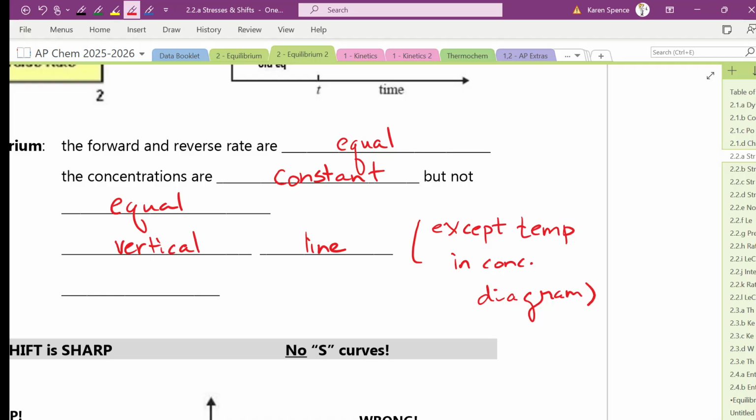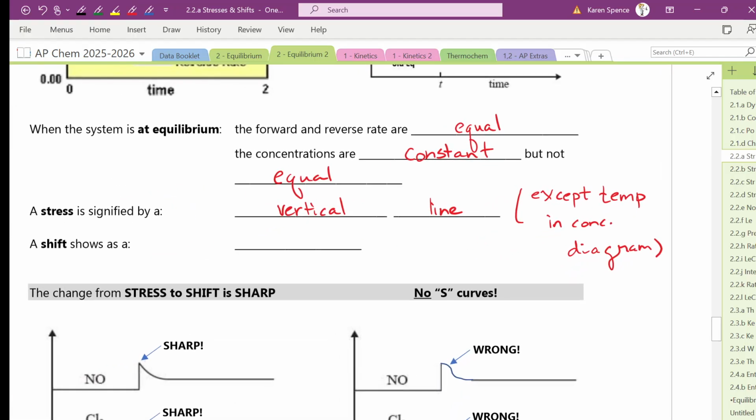But most of the time it's a vertical line. And temperature in a rate diagram is still a spike. We'll get into all of these examples later. And a shift is shown as a smooth curve.